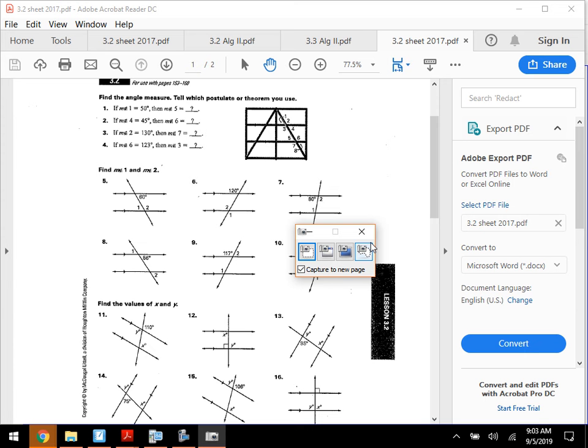Yeah, I did make this one for you guys. I forgot the hole punches. I apologize. I got a hole punch back.